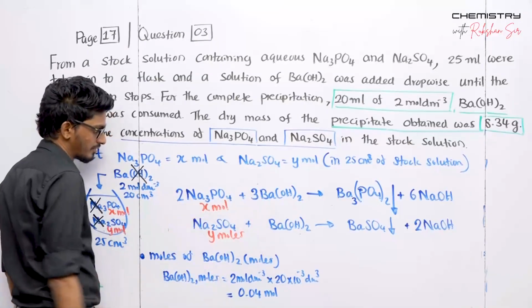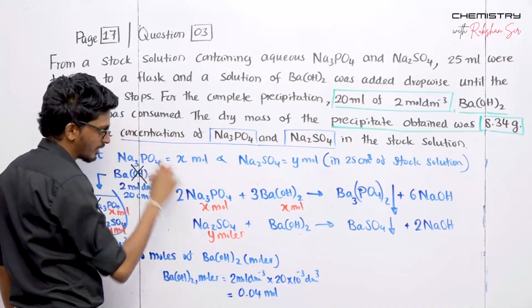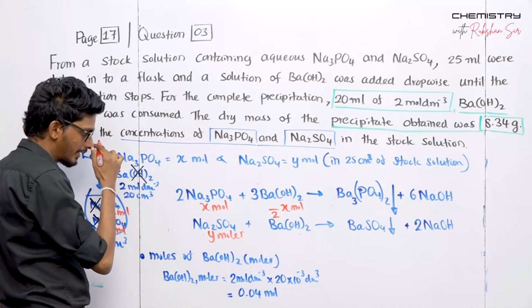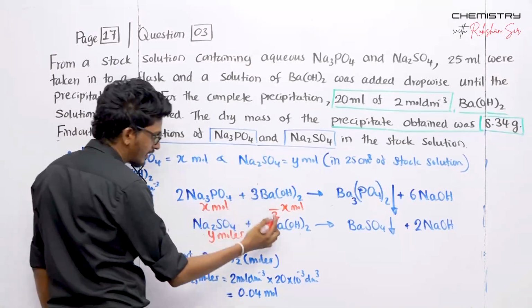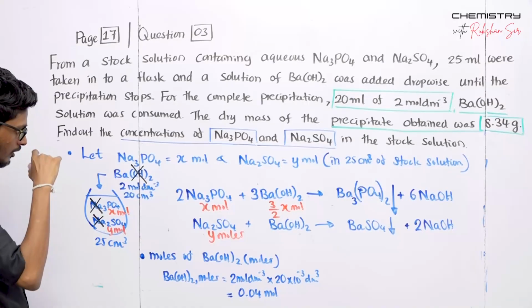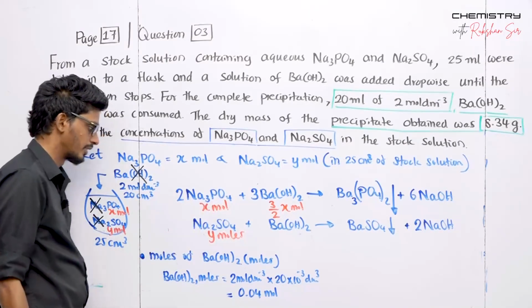We need such 3 portions. So divided by 2 will give you for 1 portion, and we need such 3 portions. So 3x/2 is the amount of barium hydroxide which will react with sodium phosphate.